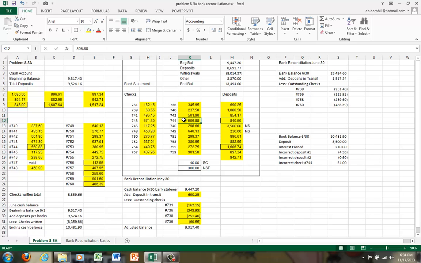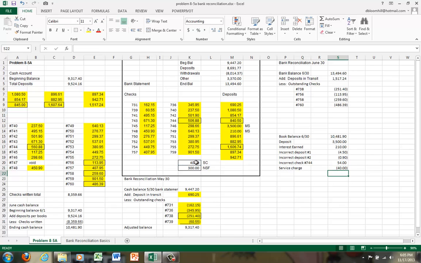So now we only have two items that were shown on the bank statement, so they're already shown in the bank balance. We just have to show them in the book balance. That is our $40 service charge, and we want to subtract that from the book balance because the bank shows us paying that.